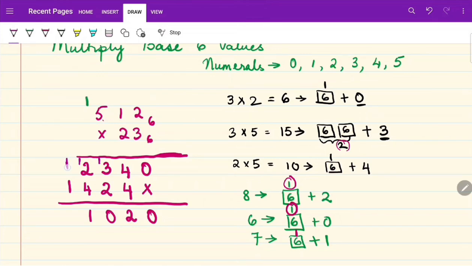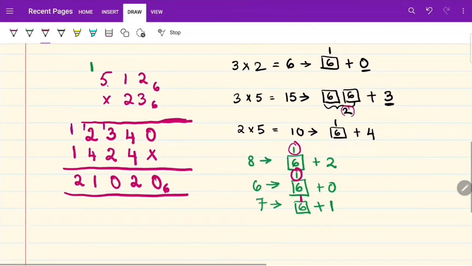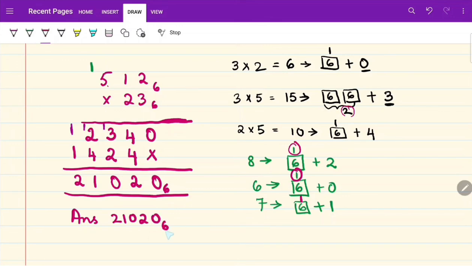All right, there's a 1 we carried over, and 1 plus 1 is a 2. So let's write that. And essentially we are done at this point. All right, so the final answer of this multiplication of 2 base 6 values would be 210206.